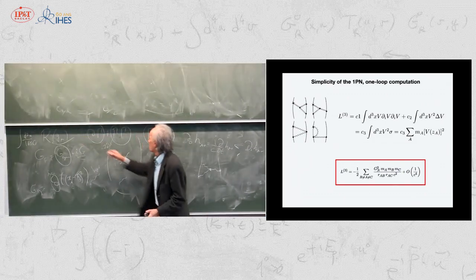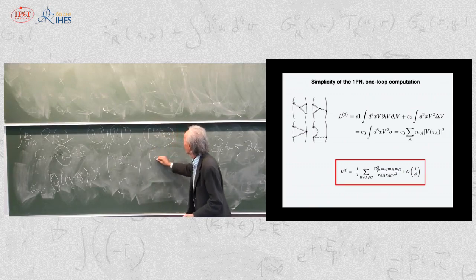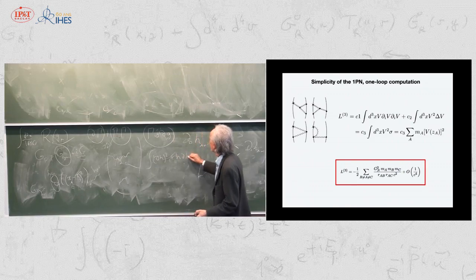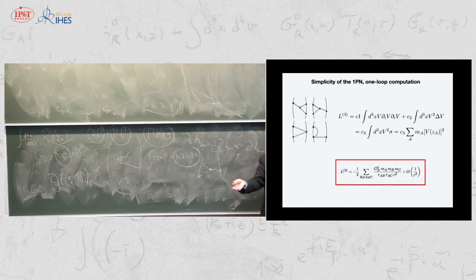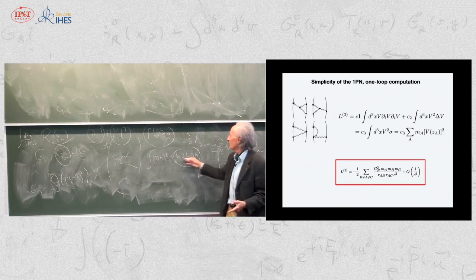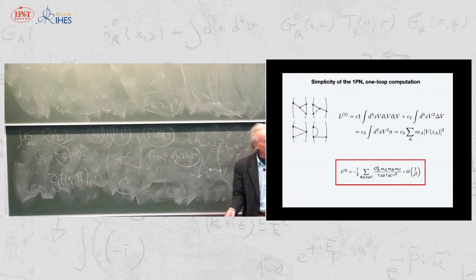So remember, the action starts like dh squared, and then there is h dh dh. The Einstein action starts with terms evidently quadratic in the gradient of the metric, and then you have terms which are cubic, the cubic vertices of the Einstein equation.